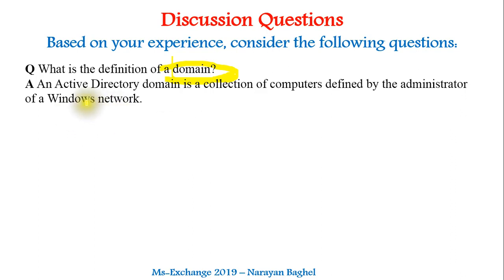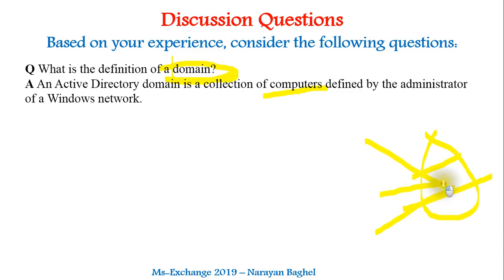And you can define it like this: an Active Directory domain is a collection of computers defined by the administrator of a Windows network. For example, I am a Windows system administrator, so I will define which computers can be added and can work in my network.